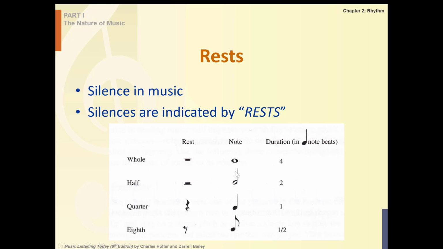And how about the half note value rest? A hat shape. And how about the whole note value rest? We will write an upside down hat. Then how about the eighth note rest value? A strange shape that looks like a 7.